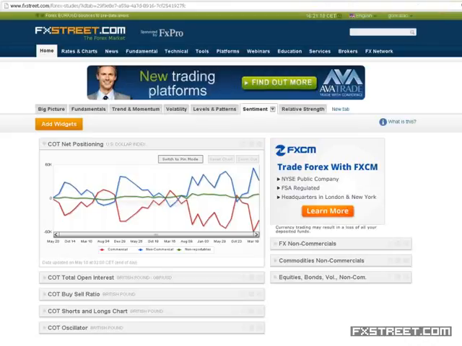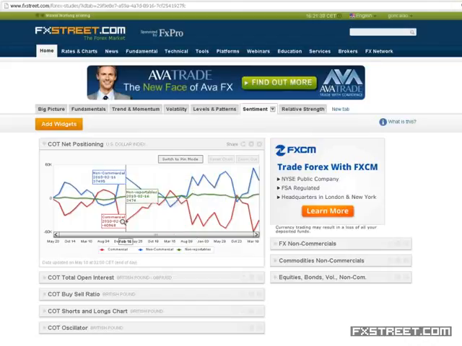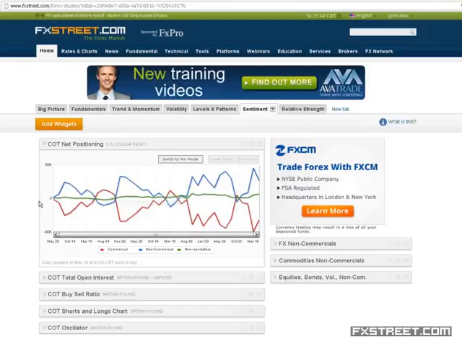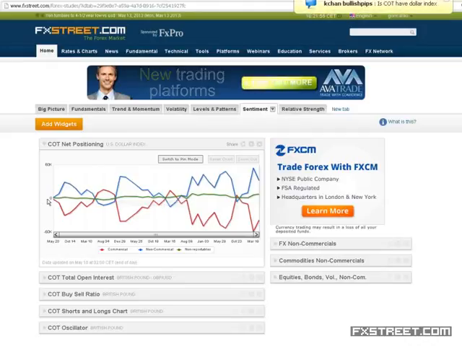Genius is asking, for example, where we can see that the large speculators are short the dollar. The large speculators, or the non-commercials, are the blue line, and if they are below the zero line, the zero being the middle line here, it means that the large speculators are net short.